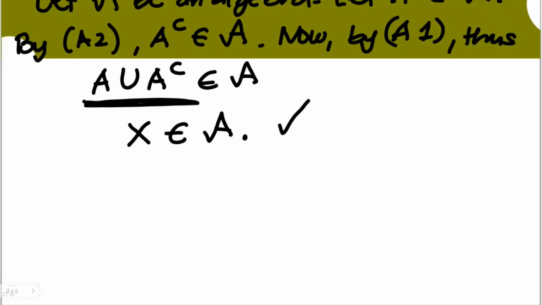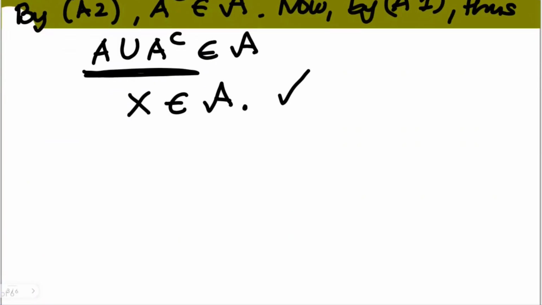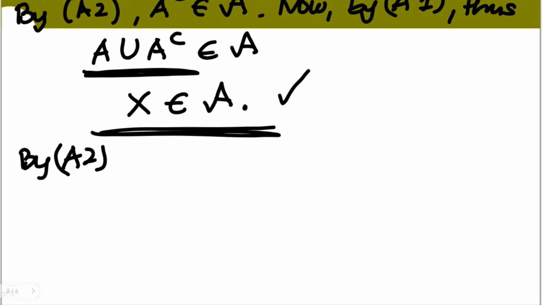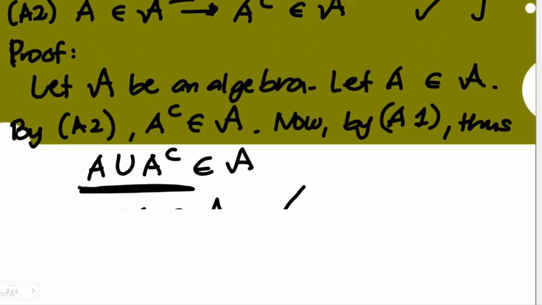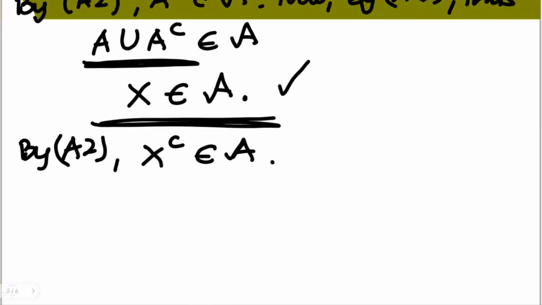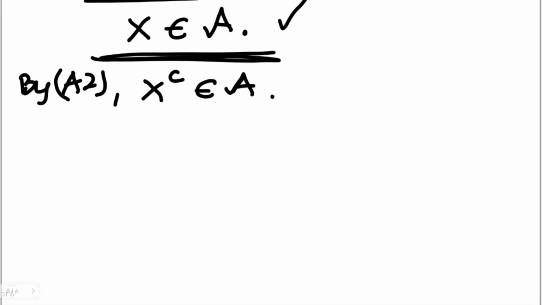Now let's look into whether the empty set is an element of script A. By A2 again, the complement of X is also an element of script A, because if A is an element of script A, its complement is also an element of script A. And what is the complement of X?